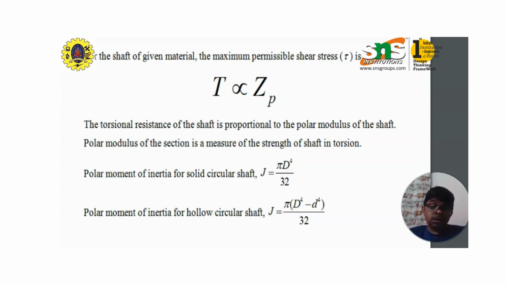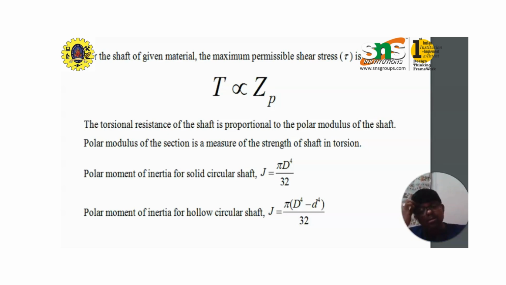In case I am going to analyze a hollow shaft, we need to take pi d power 4 divided by 32 the same way, but instead we are going to take capital D power 4 minus small d power 4.